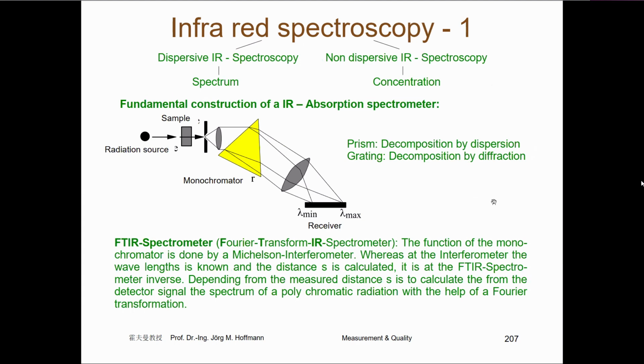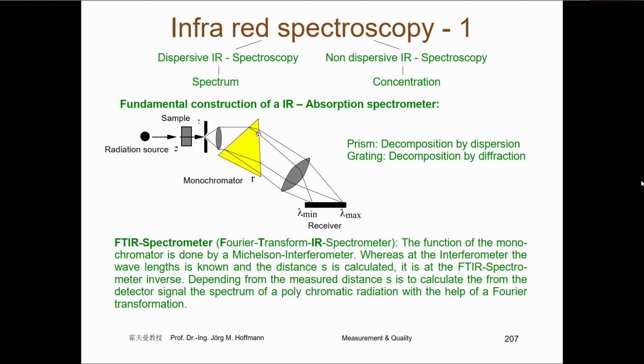Infrared spectroscopy. I can make it short, we have already spoken about infrared spectroscopy. You have here the radiation source. In many cases, it is light. You have the sample, and then you can separate the different wavelengths. You can do it by diffraction or by dispersion.